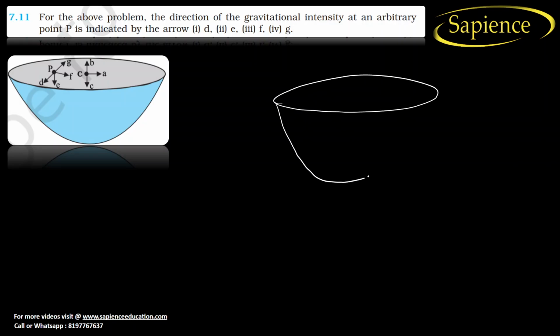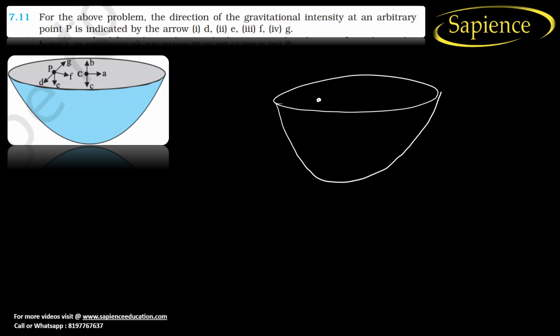Oh, sorry, again I have to draw, sorry for that. See, let us consider a spherical tail like this, and we have taken a point P which is at this distance.